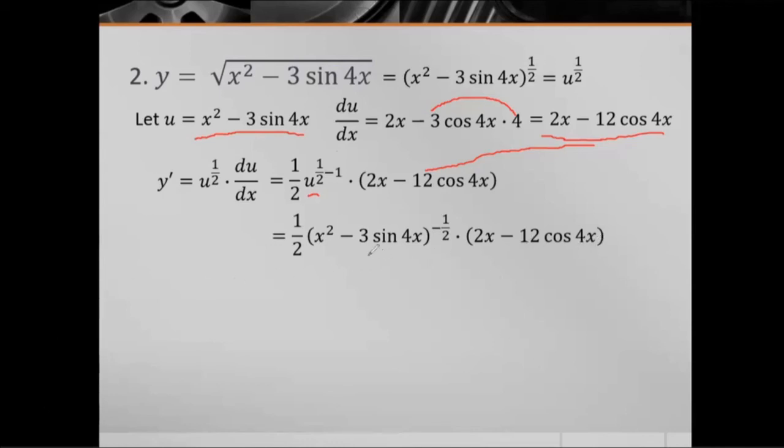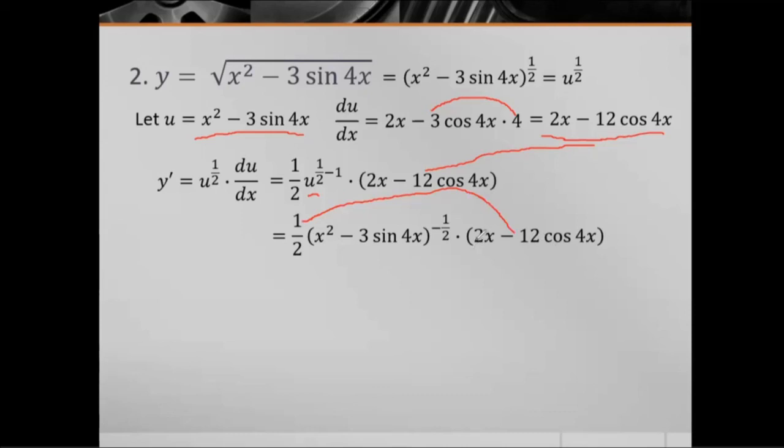Next, kung mapapansin mo, ito ay negative exponent. So, pwede nating i-simplify itong 1/2 na factor at itong 2x minus 12 cosine 4x. Divisible by 2.